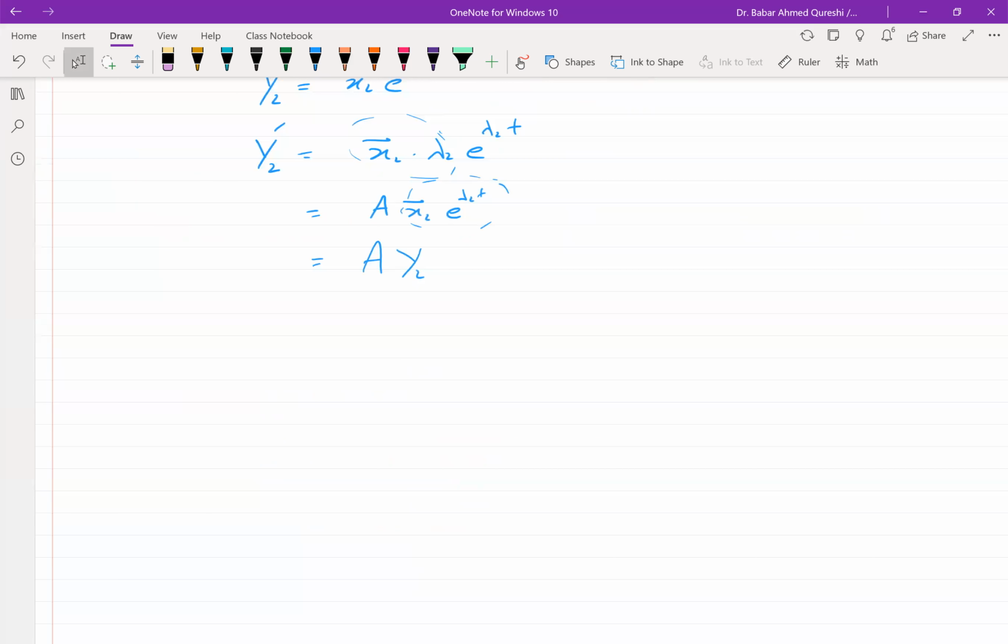Not only that, you can check a linear combination of two solutions is also a solution.